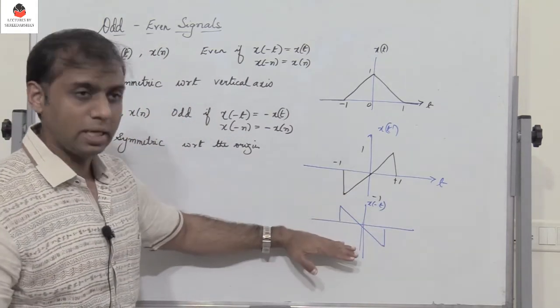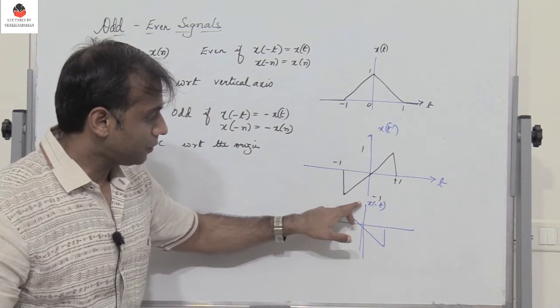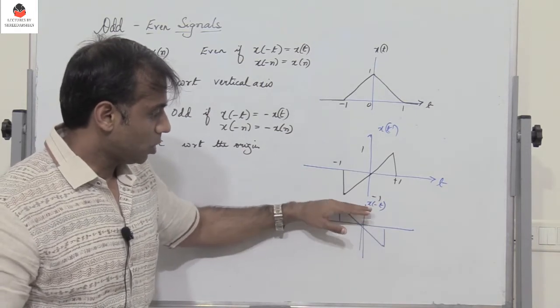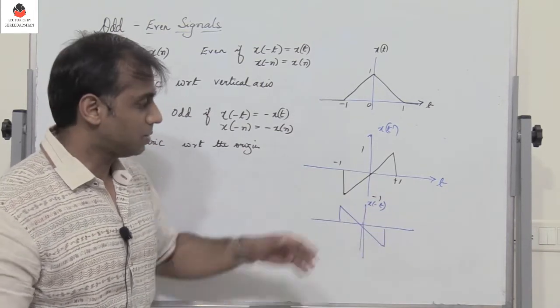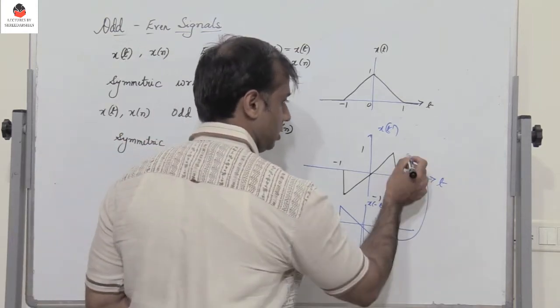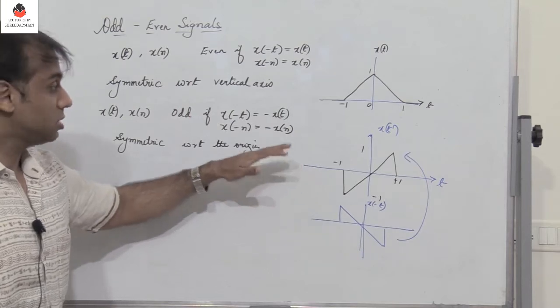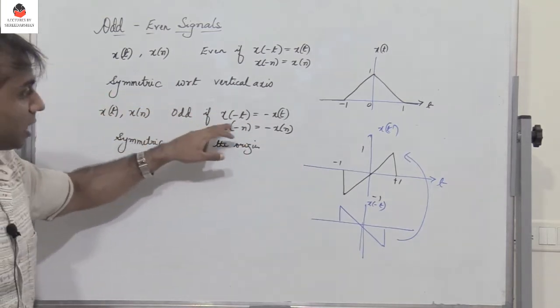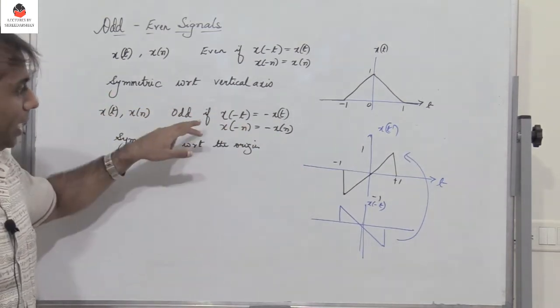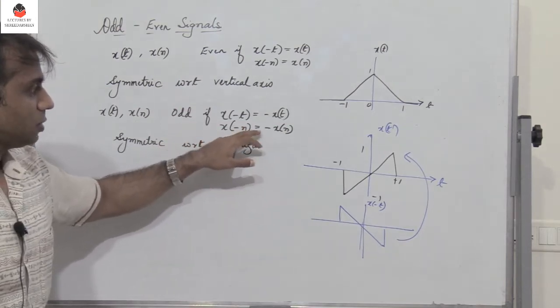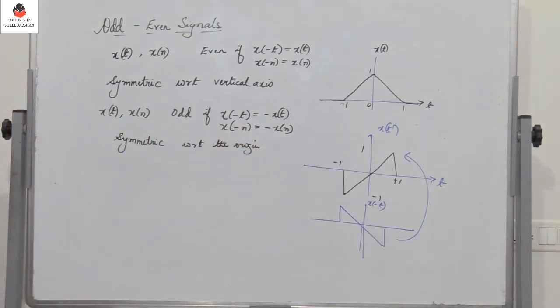Then you take its negative. When I take the negative of x of minus t, the positive becomes negative and the negative becomes positive. So I get back this signal, x of t. Therefore, such a signal is considered to be an odd signal if x of minus t equals minus x of t and x of minus n equals minus x of n, where the given signal is symmetric with respect to the origin.